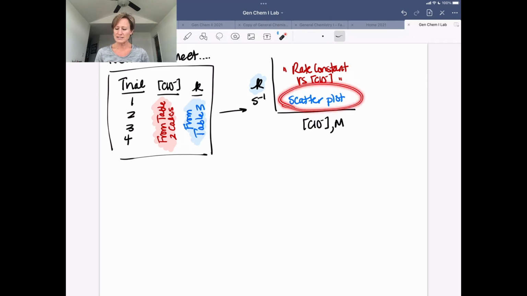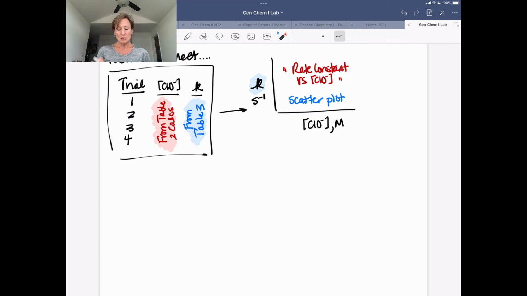We're always going to be doing scatter plots here. You always want to do scatter plots when you want to let Microsoft Excel make the line for you. Okay, so rate constants have units of reciprocal seconds. Then we've got our hypochlorite ion concentration, which is going to have units of molar.